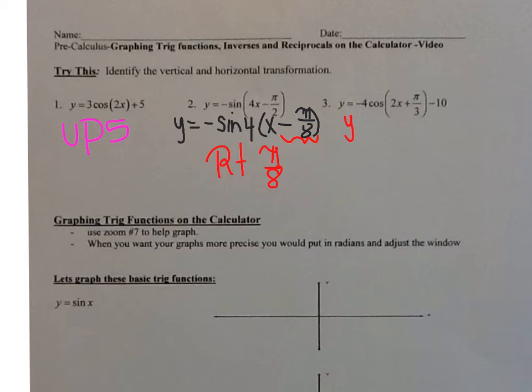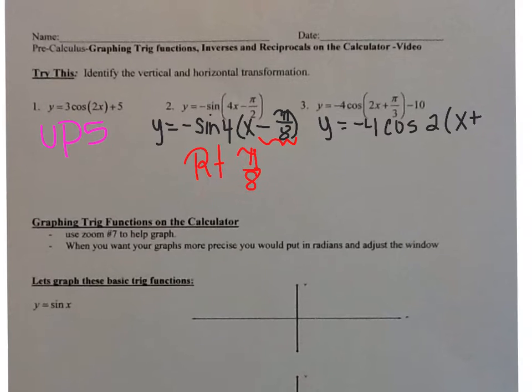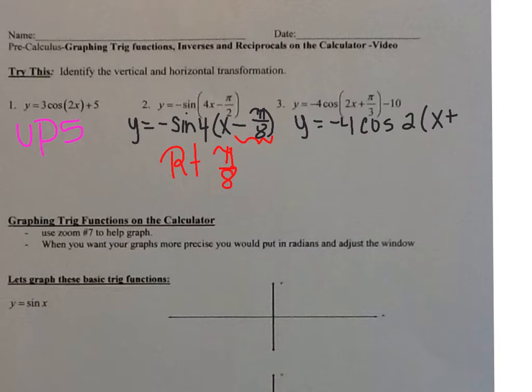So it's going to be y equals negative 4 cosine, factor out the 2x, plus pi over something, and then I have a minus 10.